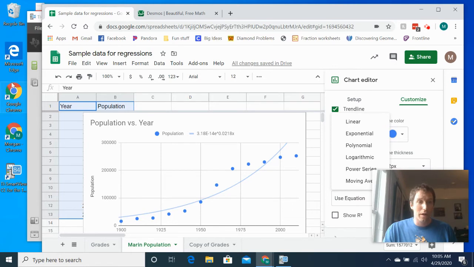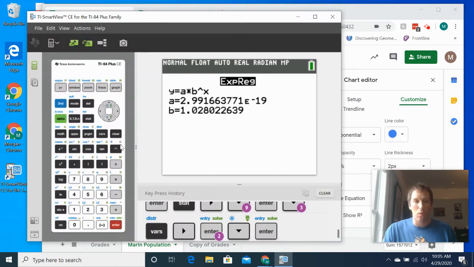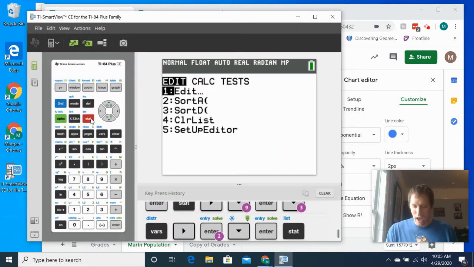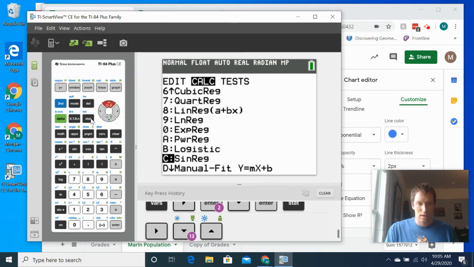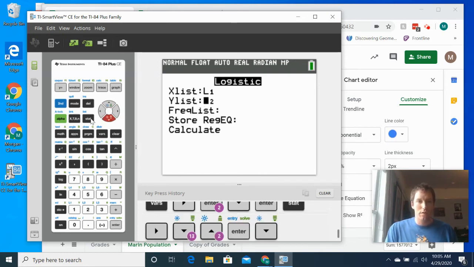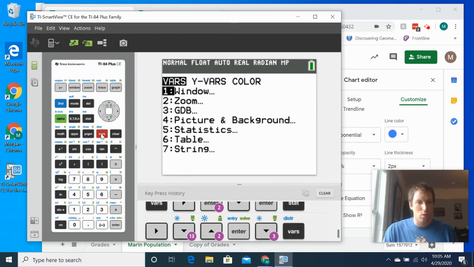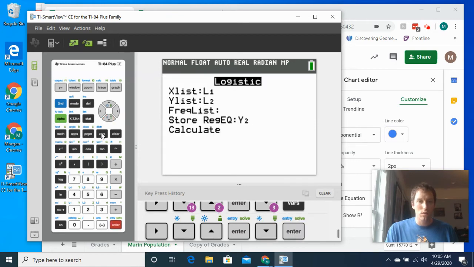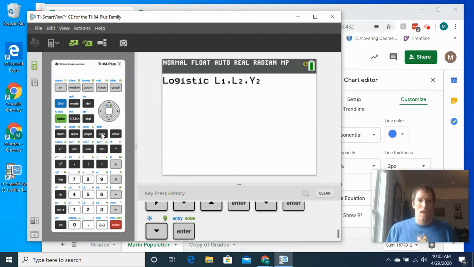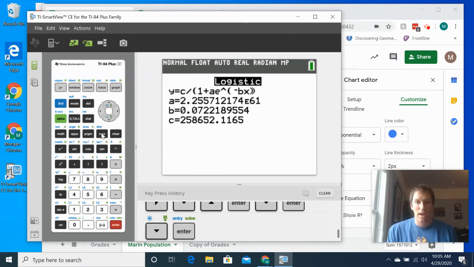I can do it over here on my calculator, and let's do that real quick just to see. Stat, calculate, logistic, L1 versus L2. I've already got something stored to Y1, so let's go ahead and store that to Y2. And there's my logistic equation.